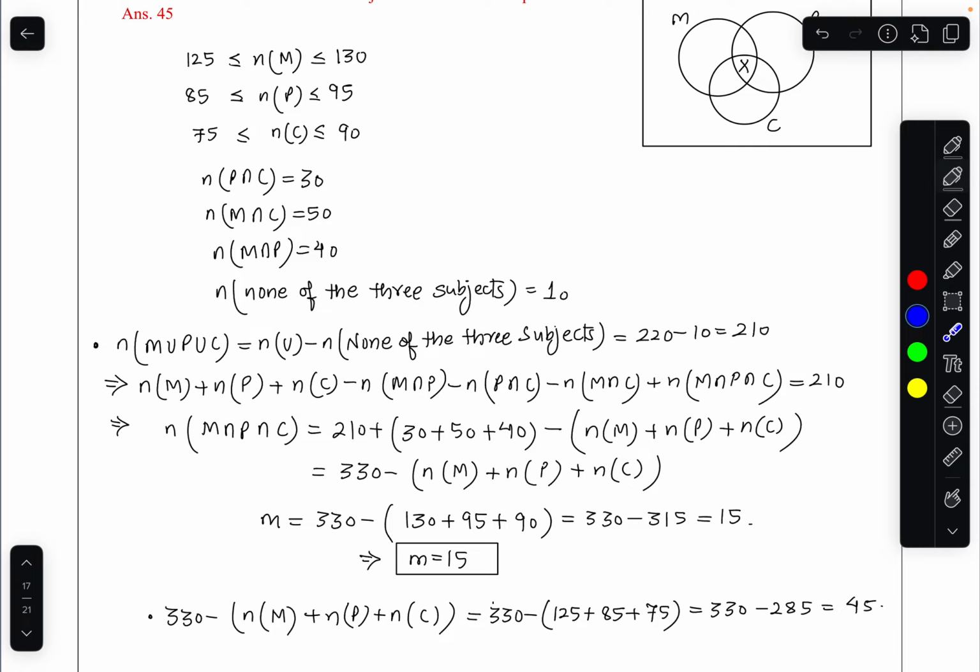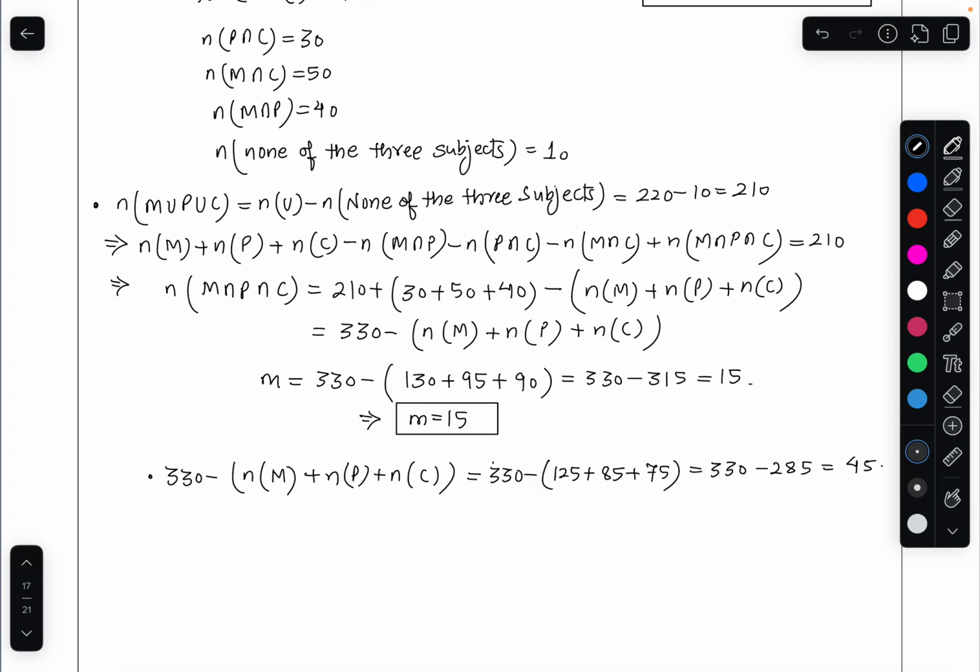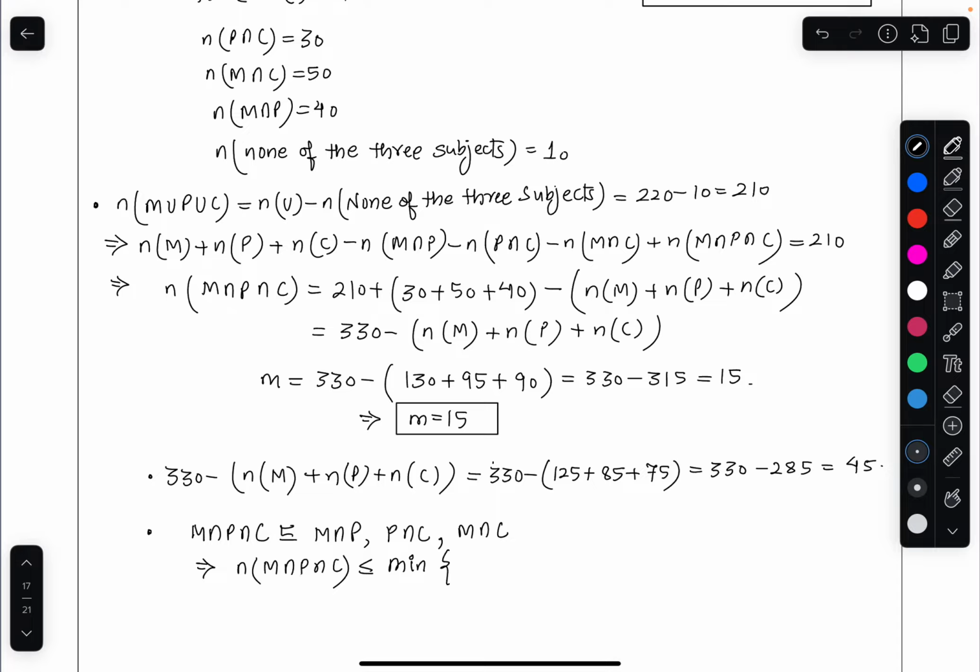But here's a slight catch. There is one more relation I know, which is that M intersection P intersection C is actually a subset of M intersection P, P intersection C, and M intersection C, meaning the number of elements in M intersection P intersection C would be lesser or at the most equal to the quantities in each of these sets: 30, 50, and 40. So it is less than or equal to the minimum of the three quantities, which is 30.